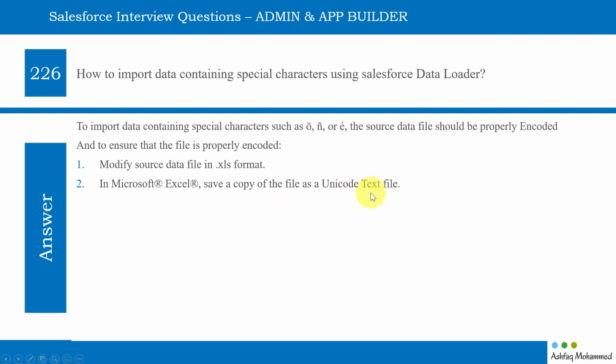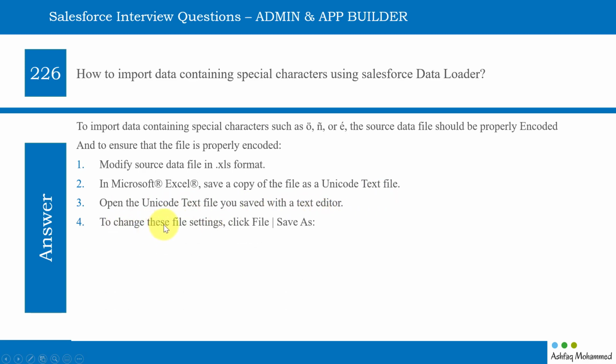Then open the Unicode text file you saved with a text editor, click File, Save As, set the file extension as .csv, save the type as all files, select the encoding as UTF-8, click save, and close the file.